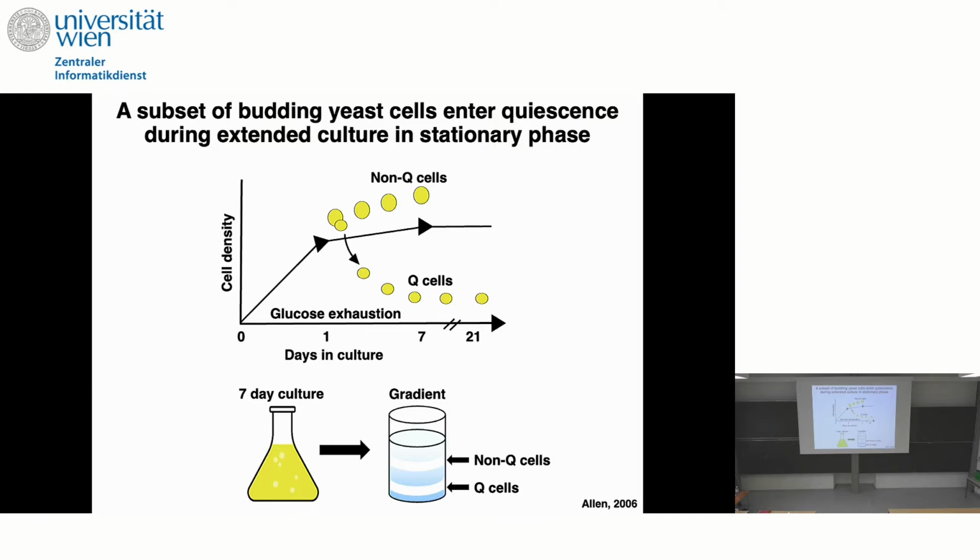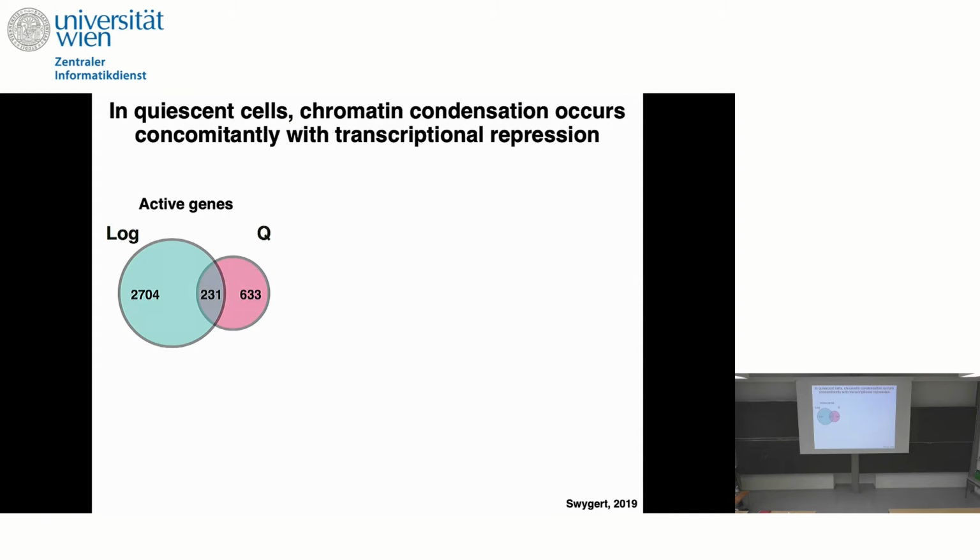What is really interesting about this system for my purposes is that if you look at the total number of actively transcribed genes between cycling cells, or log as I'll call them, and quiescent cells, you can see that transcription goes off dramatically in these quiescent cells. And the genes that are on tend to be different than the ones that are on in cycling cells.